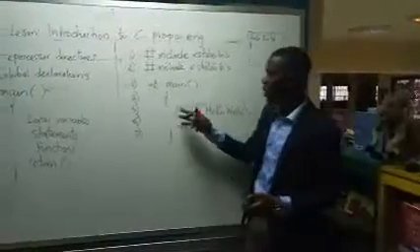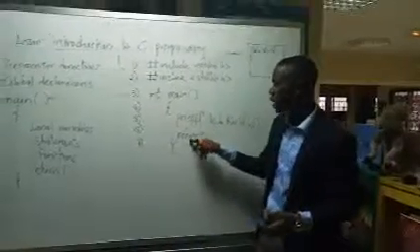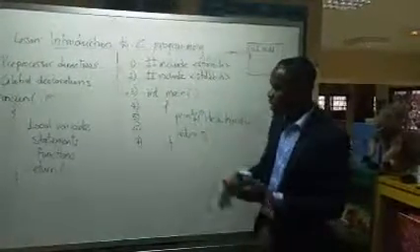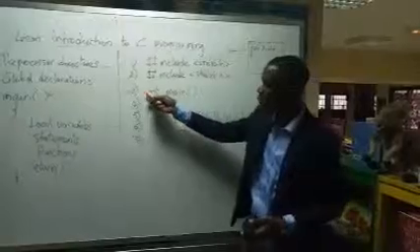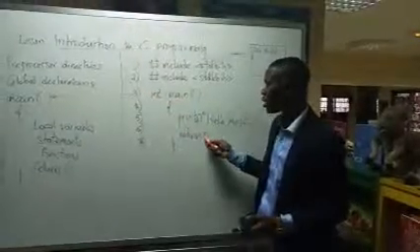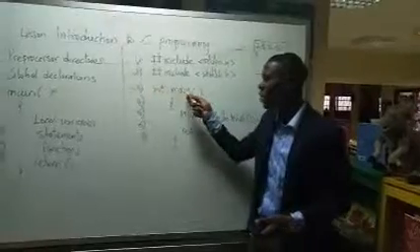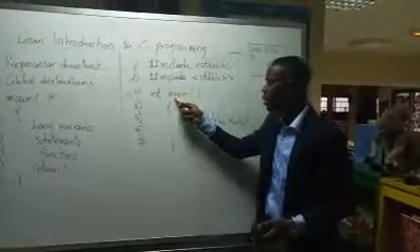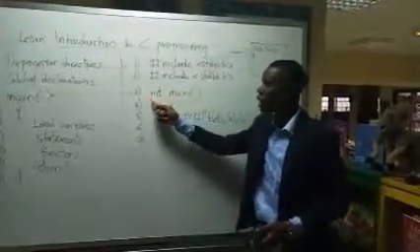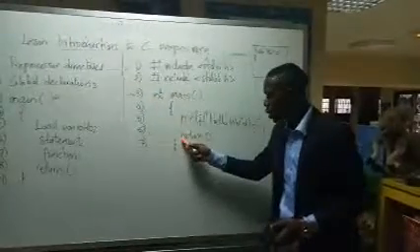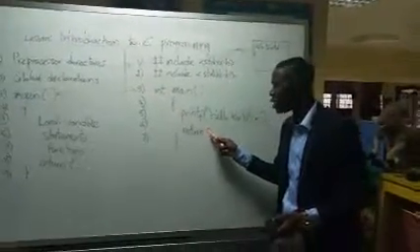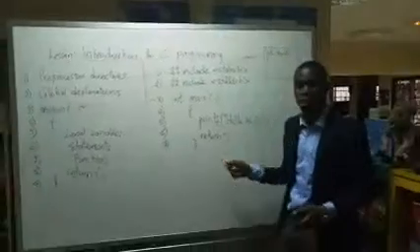Now we come to line 6. Line 6, the return 0 line, is always in union with the int main. I said int main meant that the program is going to return an integer. So here, when we have return 0, 0 is an integer to show that the program has successfully ended.